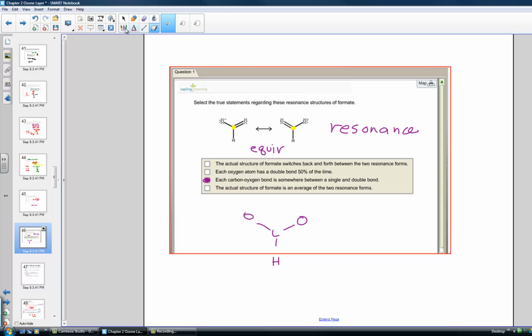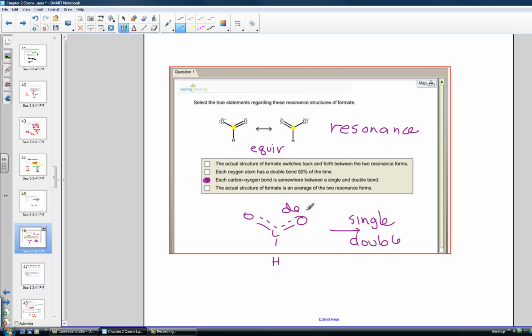What we're really showing is a dashed line on purpose, a dashed line between the two oxygens. It's not quite a single, it's not quite a double, but it's in between the two in terms of length.